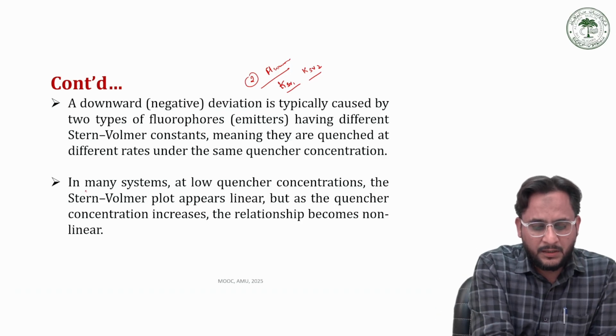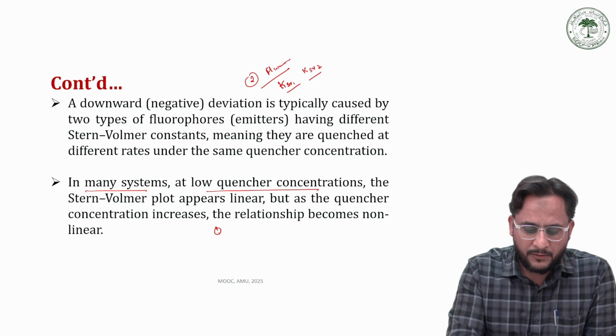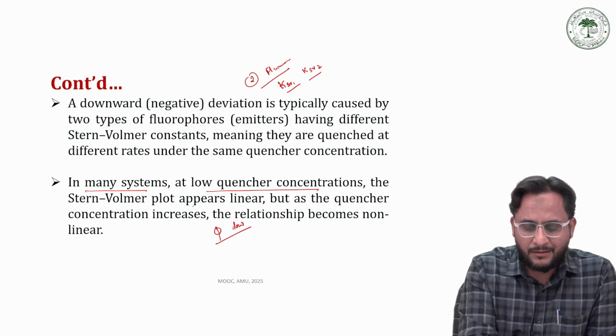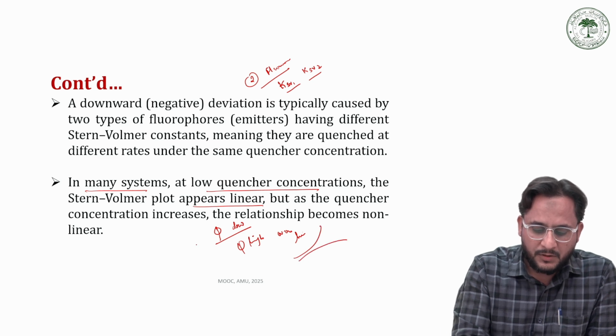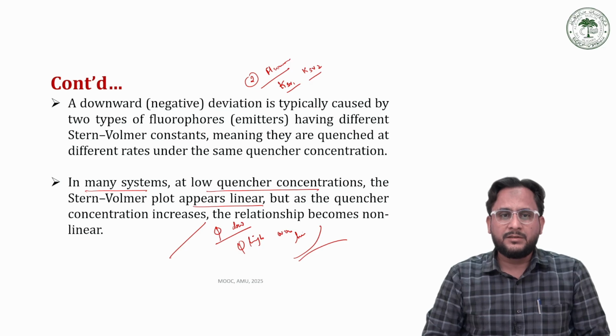And one more thing: in many systems at low concentration of quencher, meaning if the value of Q is low, we have a linear relationship, but at high Q concentration we have a non-linear one. It may be upward or downward, but for low quencher concentration, we have a linear relationship.